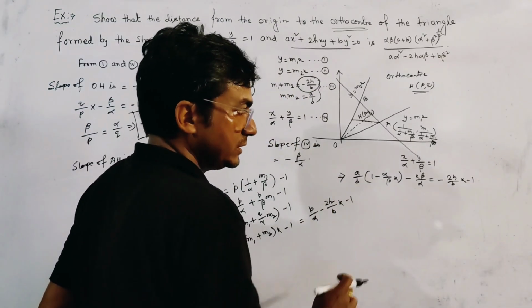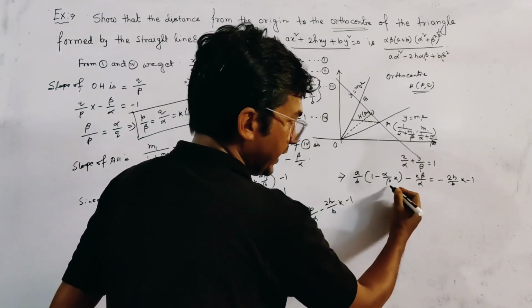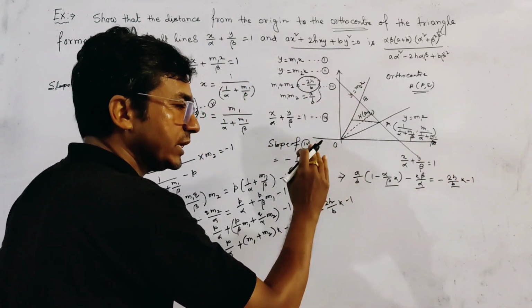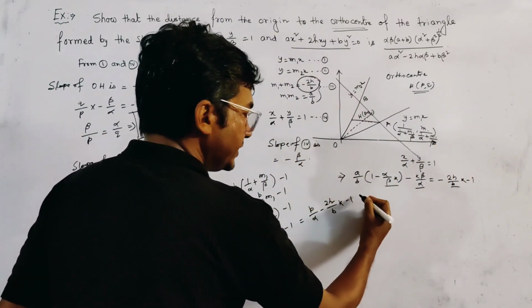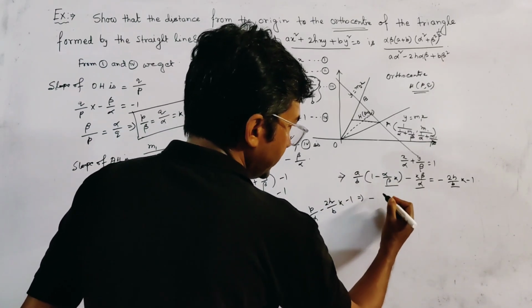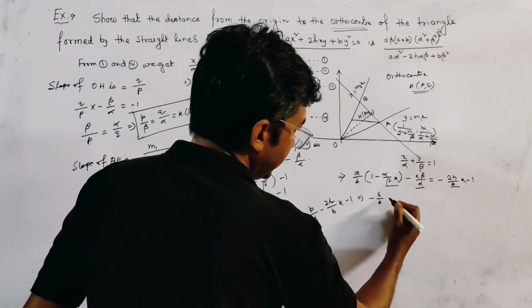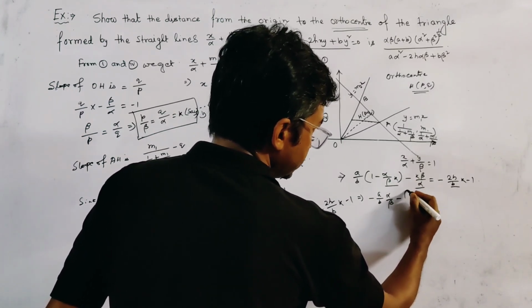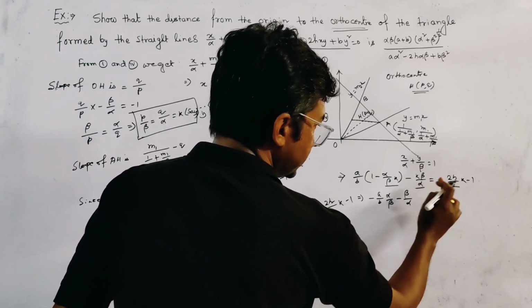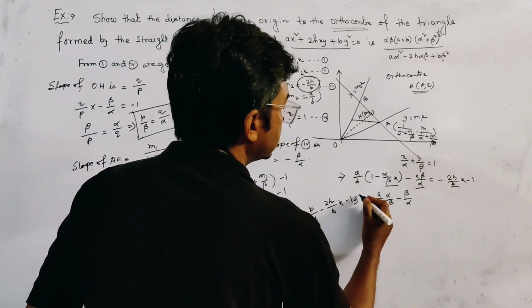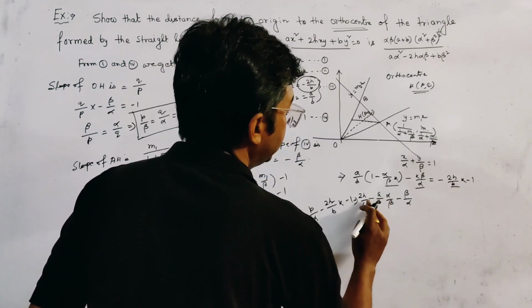In this relation there will be three terms containing k, this term and this term, and another two are free from k. We write the three terms on the left side. The first term is minus a by b into alpha by beta, and the second term is minus beta by alpha, and this term we write it first because this is plus 2h by b.